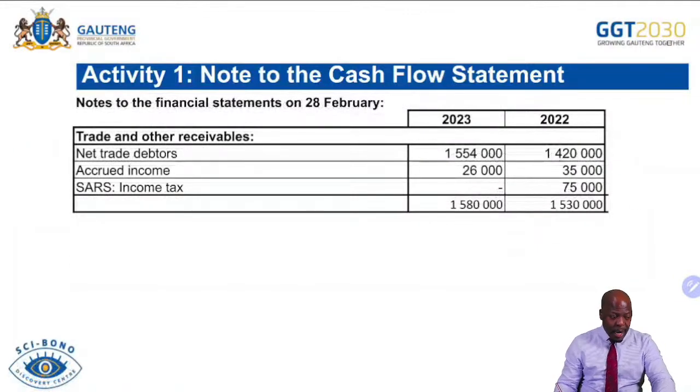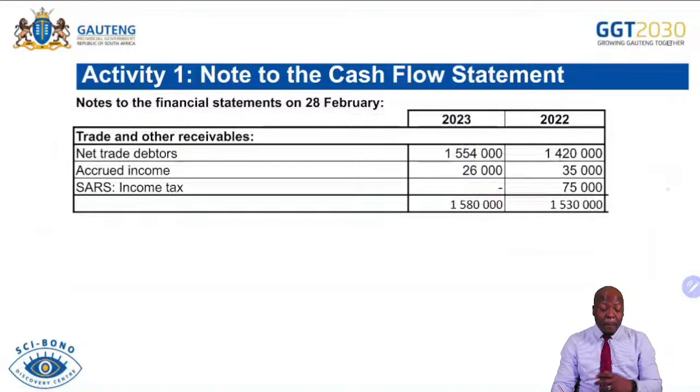All right, so in the next aspect, remember we are in the Free State 2023 prelim paper. Now, when we come to the next aspect, which is your trade and other receivables, you will find that in this statement of financial position, we just had totals, but the note is broken further down, whereby you see we have net trade debtors, we have accrued income, then we have SARS income tax.